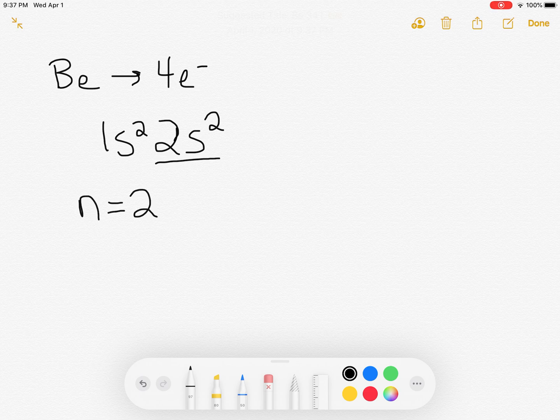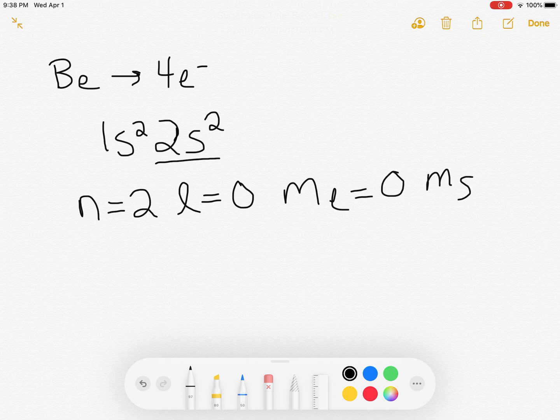So first of all, the n is going to be our shell, which is 2. The l value is going to be our s, and we know that 0 signifies s. And then the ml value, we know that ml is from a negative l to a positive l. Since we just have a 0 for l, it's just going to be 0.